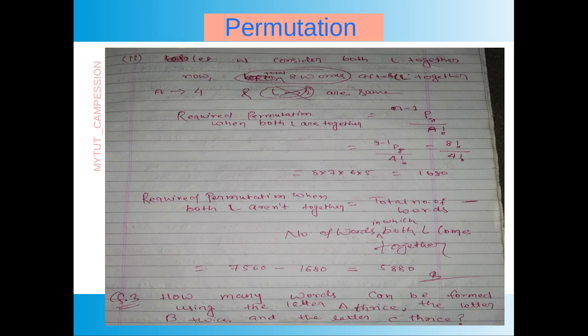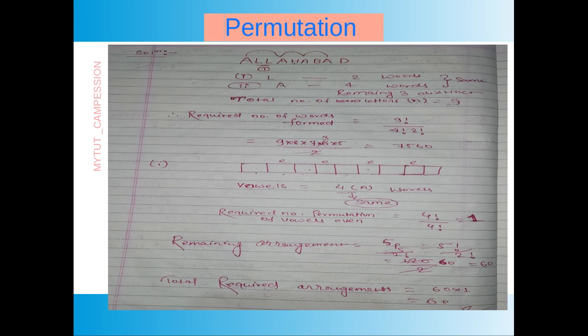So now 4 A's are the same, and 2 L's together. Required permutation when both L's are together. Now you can see this box: both L's together is possible when two boxes are the same.